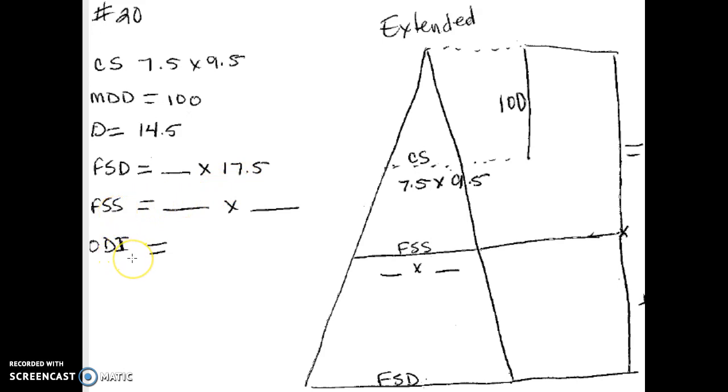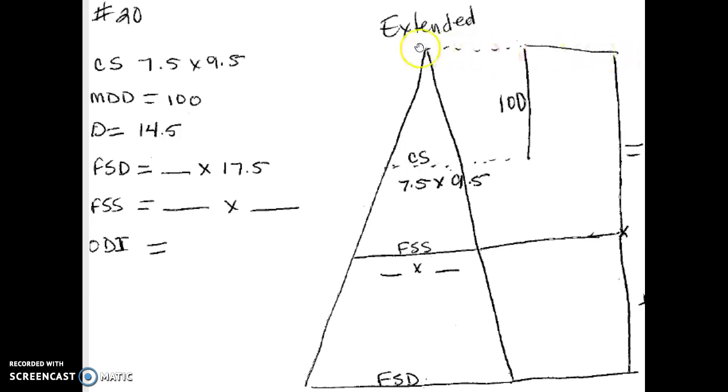I'm going to start at the top of the triangle. I drew myself a little picture here. We know that the machine is defined at 100 centimeters, and at 100 centimeters these are our dimensions, 7.5 by 9.5. The ODI reading would be the reading on the skin surface.